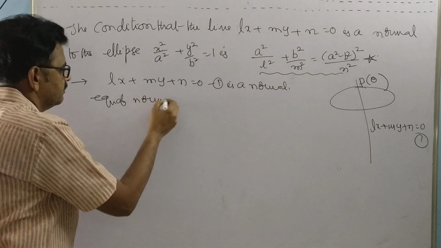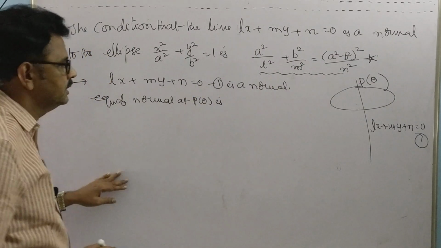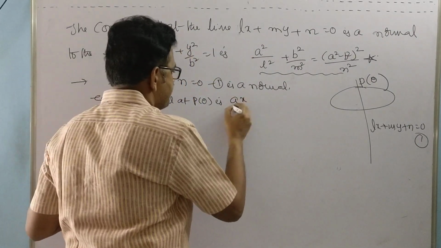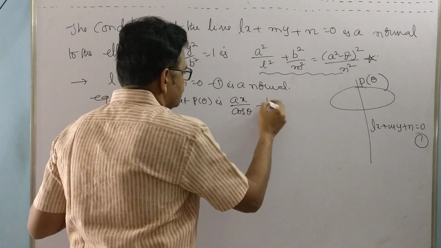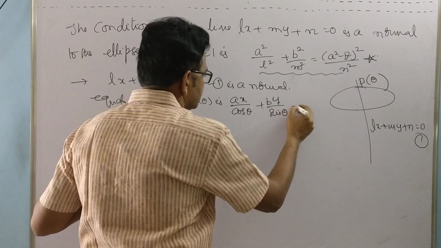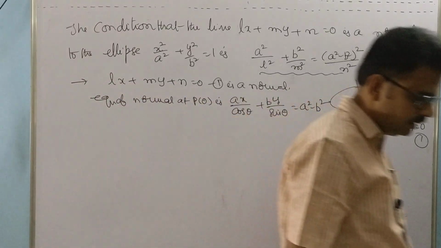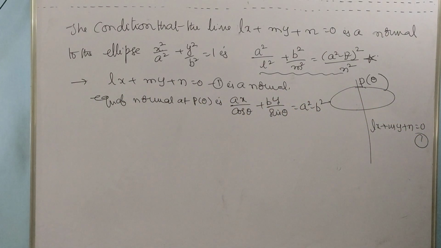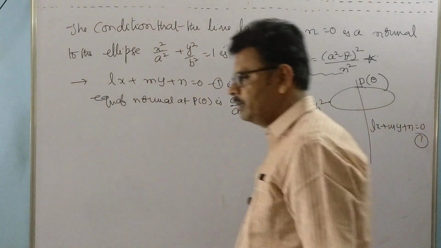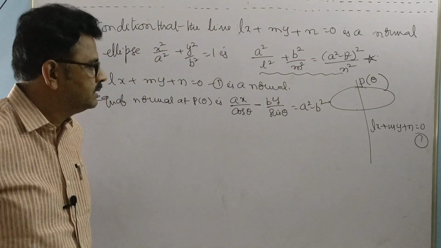It is Ax by cos theta plus By by sin theta is equal to A square minus B square. Just now only you have to derive. Equation of normal at the point, okay, now I think it is minus a square x by x1 minus b square y by y1 is equal to a square minus b square.